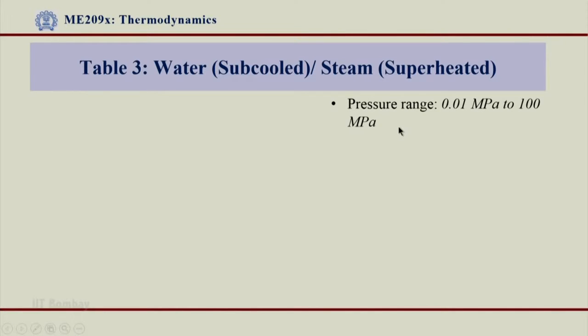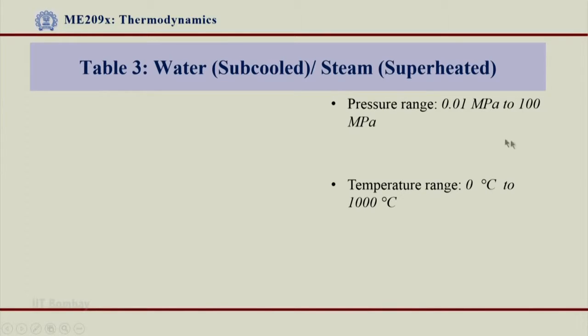Most of our water related operations are in the subcritical region below 22 MPa. But here we have properties up to very high pressure, 100 MPa, that is almost 1000 bars, 1000 atmospheres. For each of these pressures, we have a temperature range of 0 degree centigrade to 1000 degree centigrade. So, you can understand how exhaustive the data in these steam tables is. For all these pressures and temperatures, we have all the property data of water.